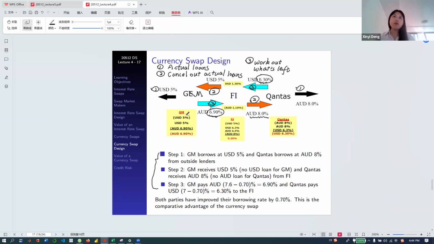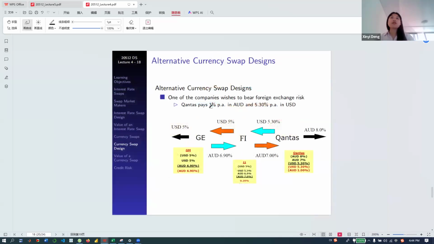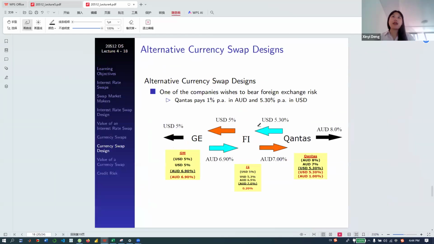So yep, now we successfully designed the currency swap based on its comparative advantage. Of course, you can have this alternative currency swap design. And here again, you are having the same net results.